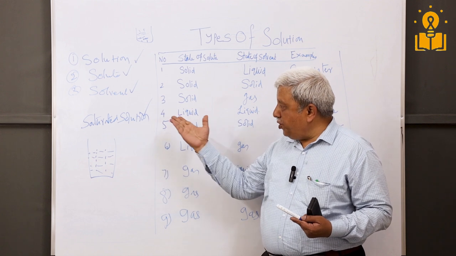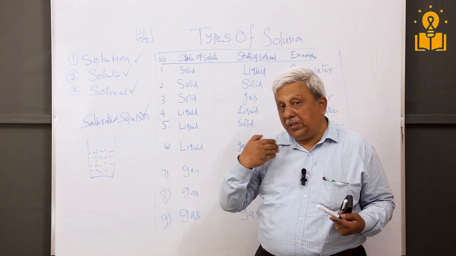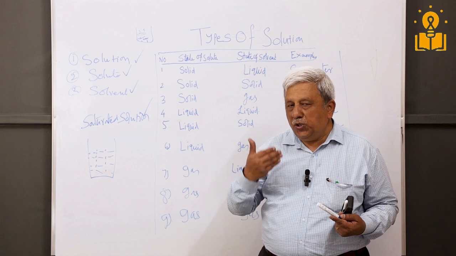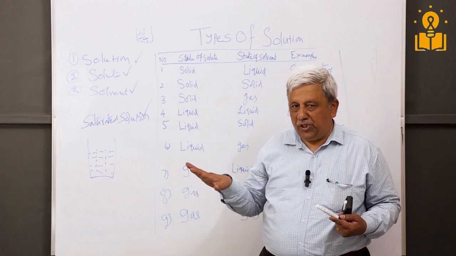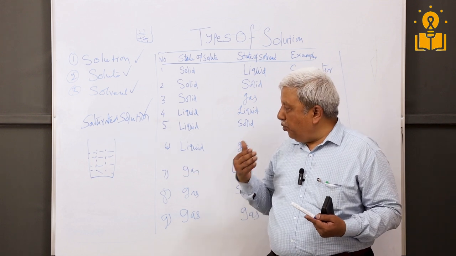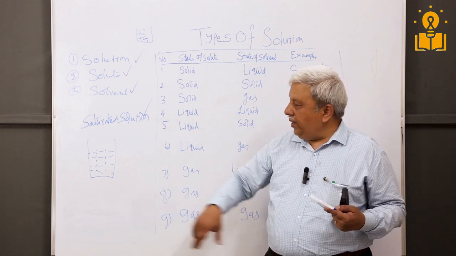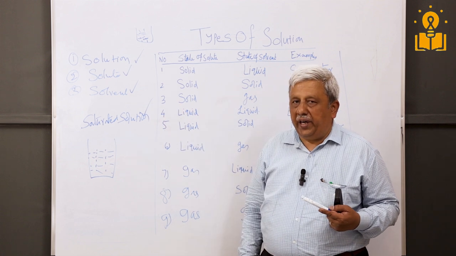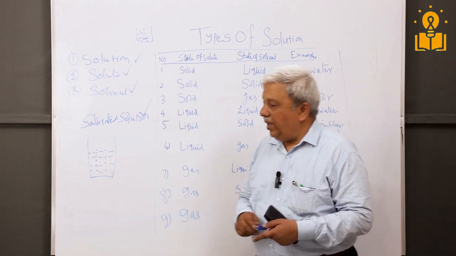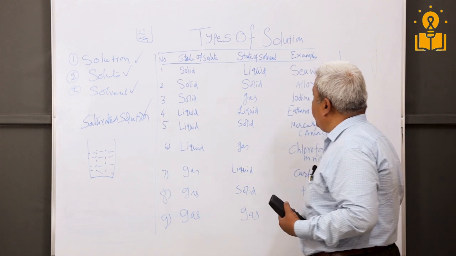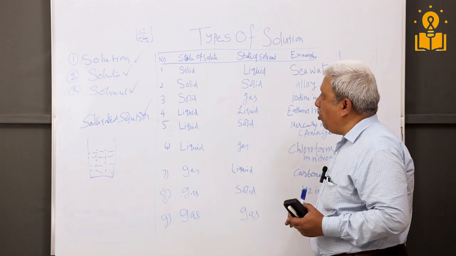Then we talked about the saturated solution, where further addition of solute is not possible even if we heat the solution. Now after learning all these things, let us see the types of solution.